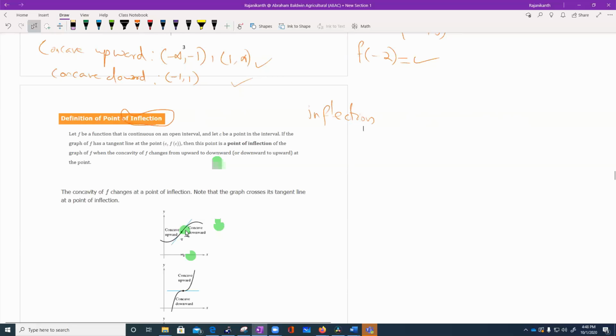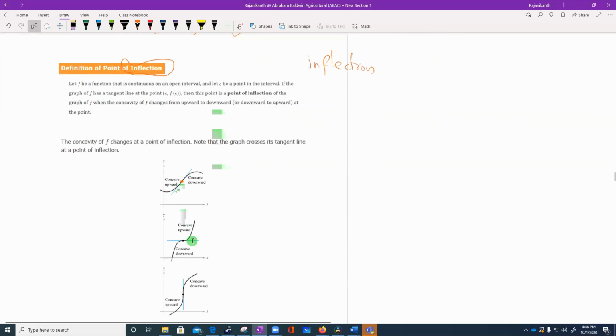So look at this picture. You see now, this point will change the concavity trend. So before that point, the trend was concave up. After that point, the trend is going to be concave down. So upward is changing to downwards, vice versa. Downwards changing to upwards.